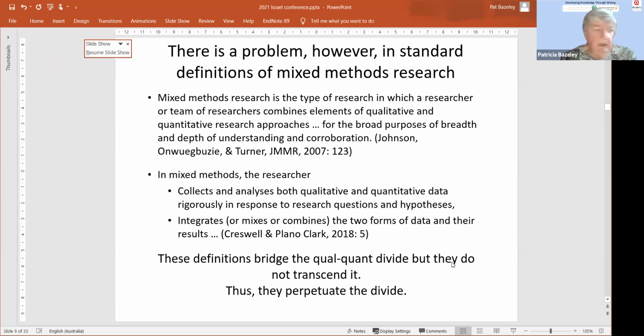And so many particular methods, I mean, any qualitative approach covers a whole range of different kinds of methods and different kinds of data. You might have interview data, you might have documentary data, you might have observational data, you might use case study, you might use ethnography, you might use grounded theory. There's so many different variations within qualitative work, and similarly within quantitative work.